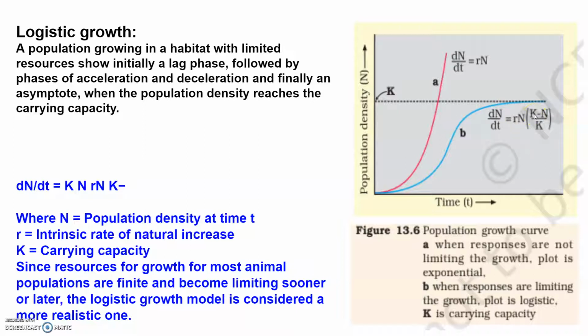Since resources for growth for most animal populations are finite and become limiting sooner or later, the logistic growth model is considered the more realistic one instead of exponential.